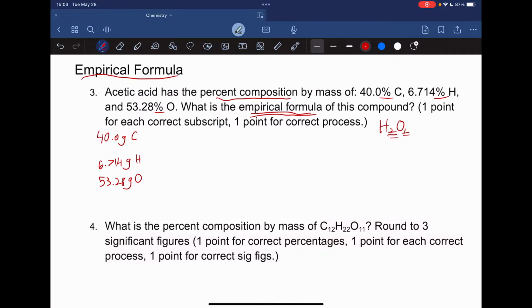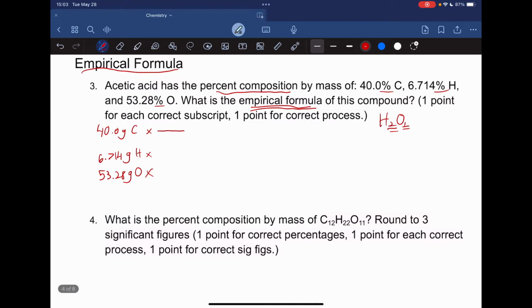To do that, we're going to need to find moles first, because moles is an amount of something. So we're going to convert all of these gram amounts into moles, which this is now the third problem that we've had to do, where we're going to have to convert grams to moles and moles to grams. So hopefully remember that in order to convert grams to moles and moles to grams, you're going to use the molar mass. So we're going to have 1 mole on top for all of these. And then on the bottom, we're going to have the molar mass.